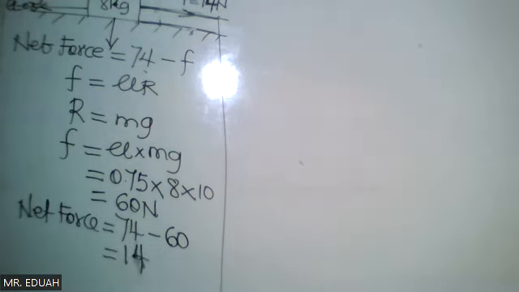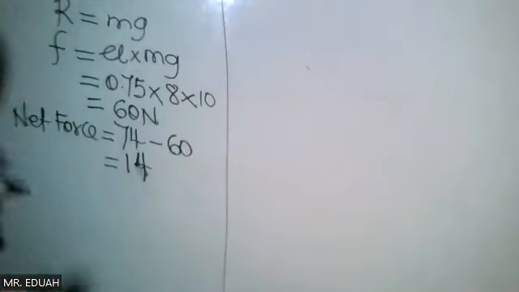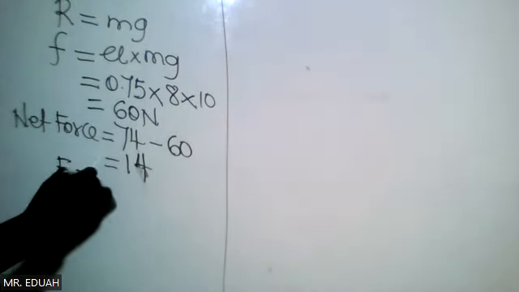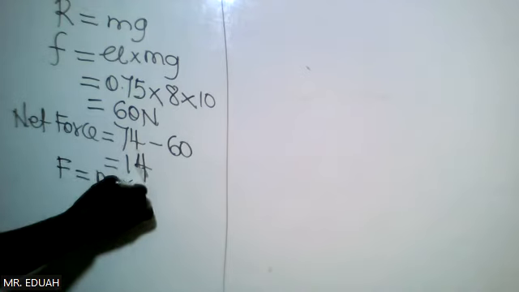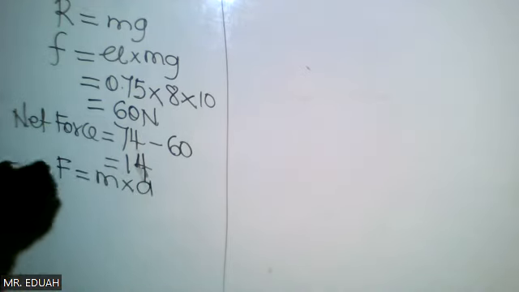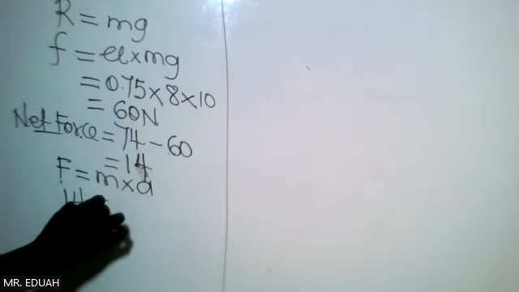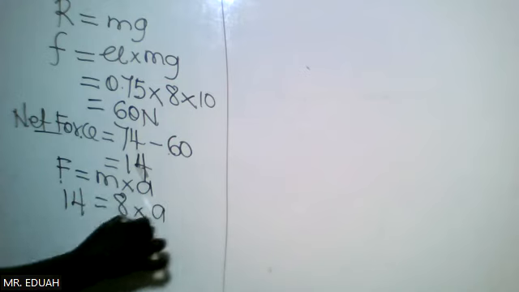We are to find the acceleration. Every acceleration goes with a resultant force. From Newton's second law, F is equal to ma. Therefore, the net force, 14, is equal to the mass, which is 8, times a.